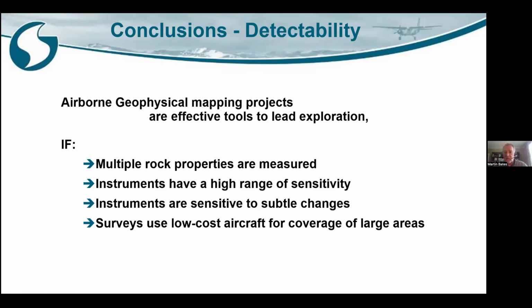It's something at the front end of most exploration programs. Seismic data is really expensive to collect. Drilling is really expensive. Ground gravity and ground mag and all that is fine, but slow and hard to do. So you can get a lot from this.